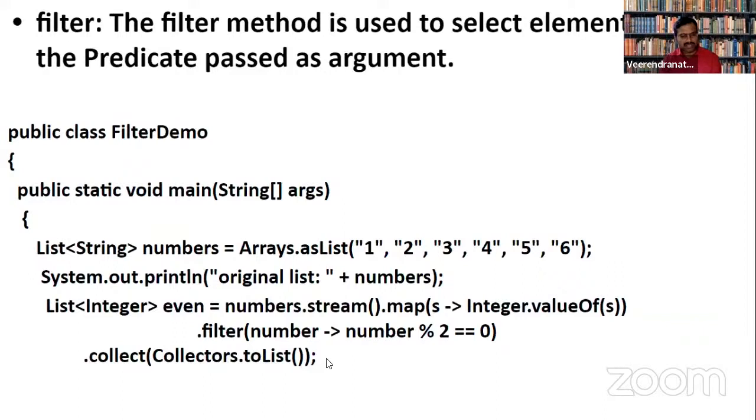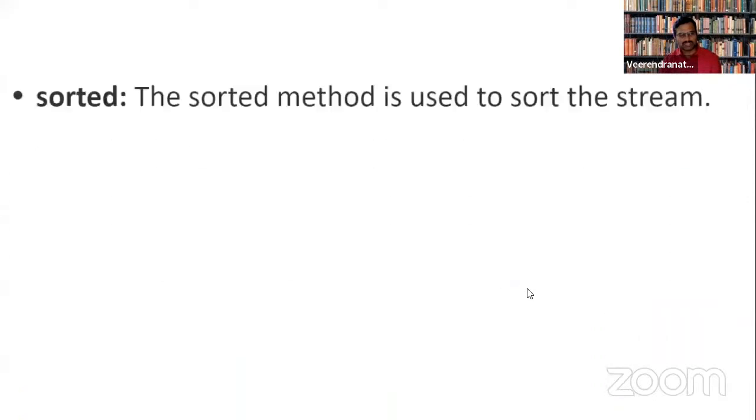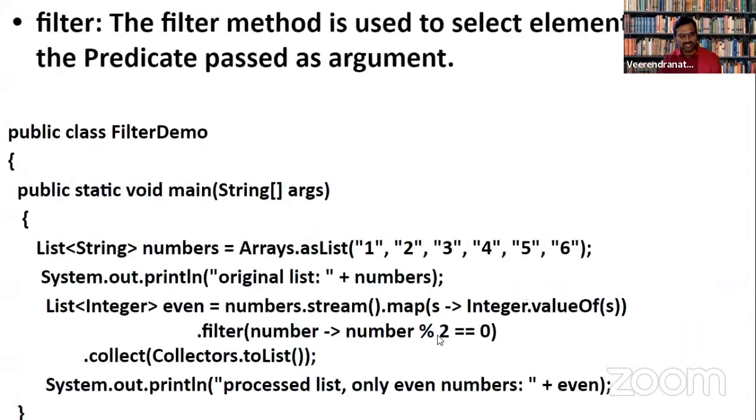And what is the end result? The end result is going to be the even numbers from the list. I'm unable to show you here, maybe it got cut off. Fine. So 2, 4, and 6 will be my output.